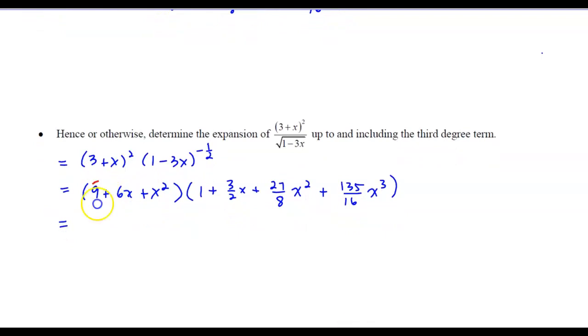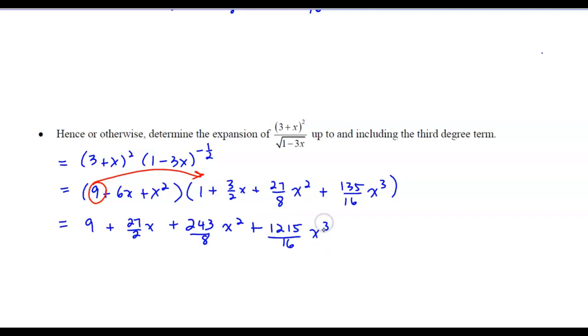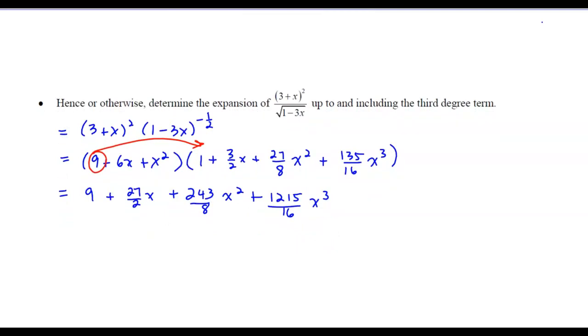So now when you expand out this first term times everything, that's 9 times 27 over 8, 243. Okay, then same as what I did before, I kind of line them up so it's easier to collect like terms.